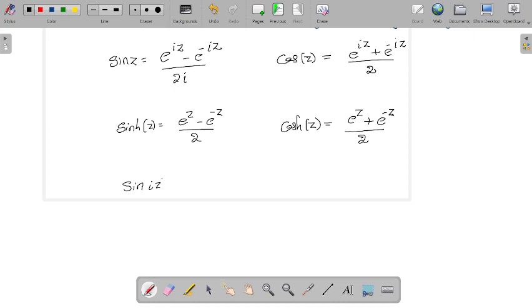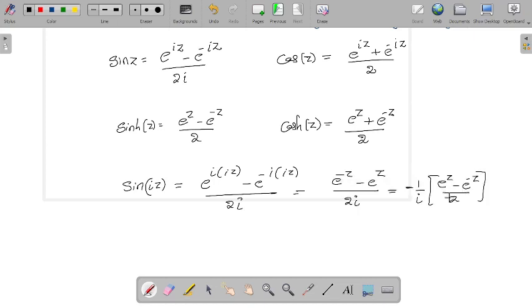Let me see that. So sine iz, which is the same as (e^(i·iz) minus e^(-i·iz)) by 2i. We know i squared is minus 1, so this is the same as (e^(-z) minus e^(z)) by 2i. Now if you take minus common, minus 1 by i, I am left with (e^z minus e^(-z)) by 2.